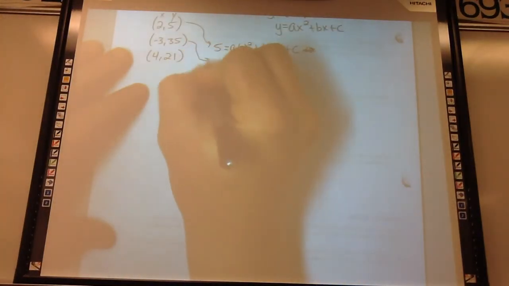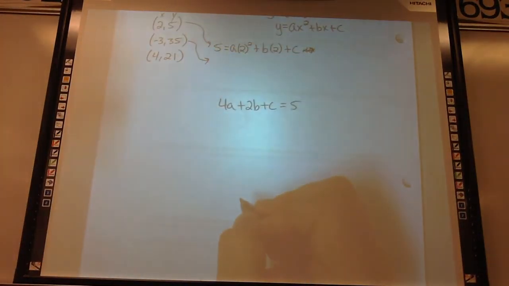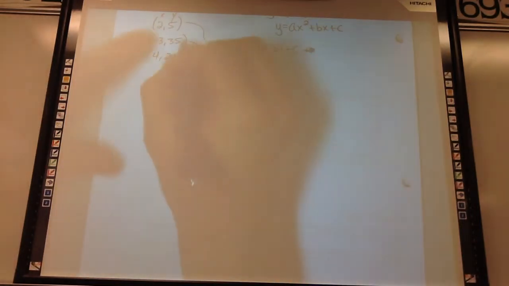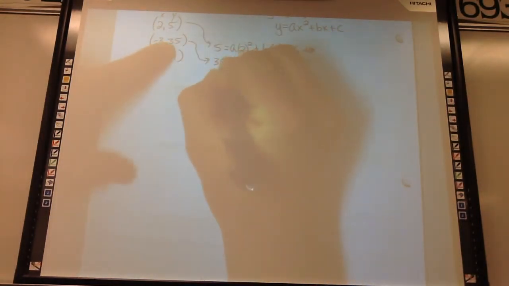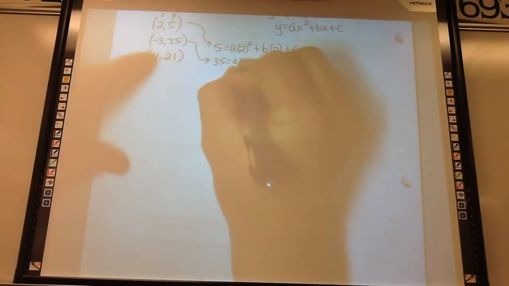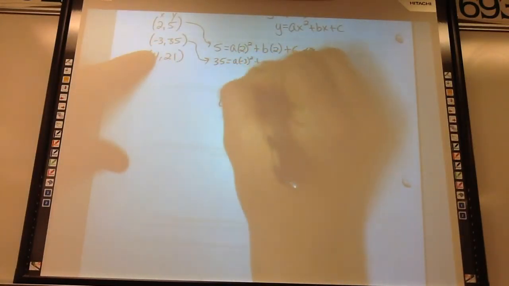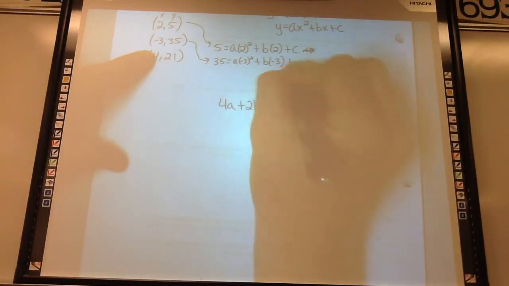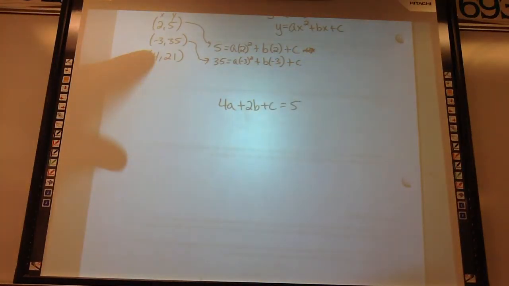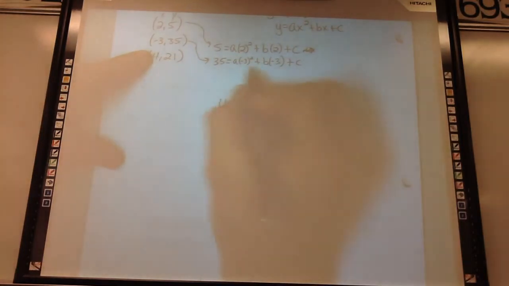Well, now you can do the same thing with each point, and you're going to have 3 equations and 3 variables. So here, y is 35 equals a times negative 3 squared plus b times negative 3 plus c. Now I'll just rewrite it a little different.